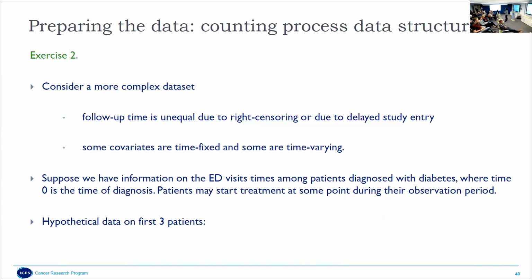So I'm going to tell you how to structure the data for that kind of setting. In this example, the follow-up time is going to be unequal for the patients. Some are going to be right-censored. The covariates can be fixed or time-varying. And the outcome in this hypothetical example is ED visits among patients diagnosed with diabetes.